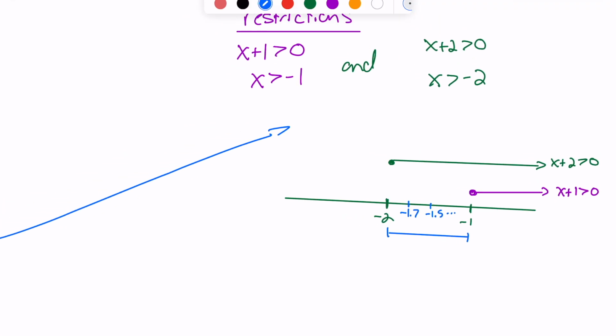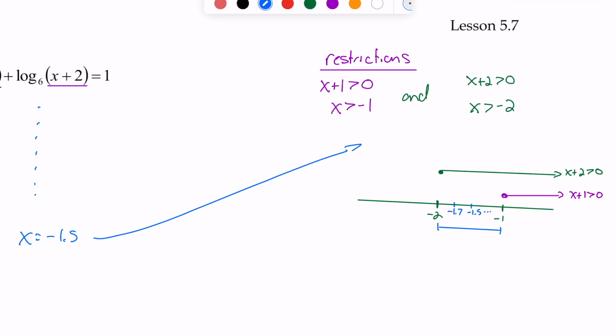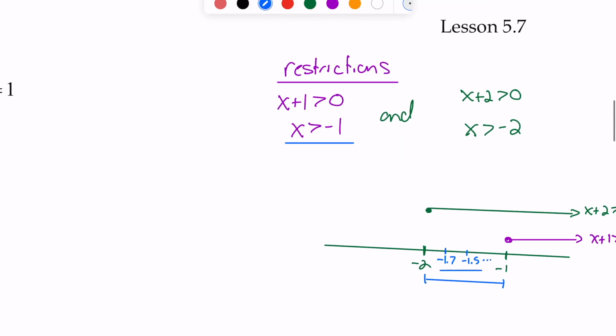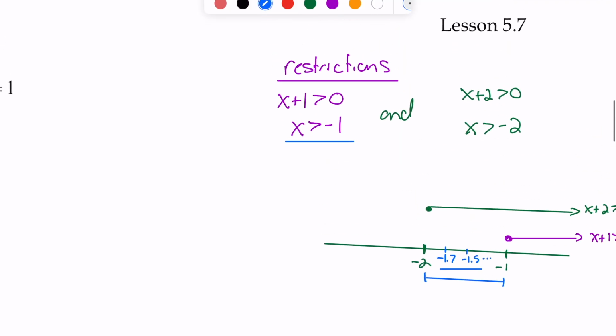None of those numbers are going to satisfy this constraint right here, because you're ultimately telling me that x needs to be bigger than negative 1. So it doesn't matter what numbers you substitute in, because nothing between negative 2 and negative 1 will satisfy this constraint here.